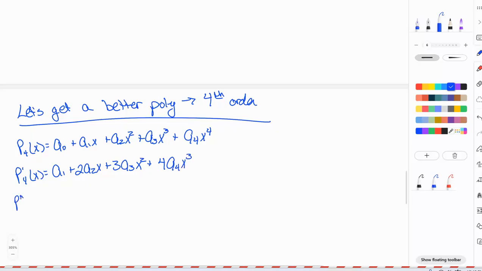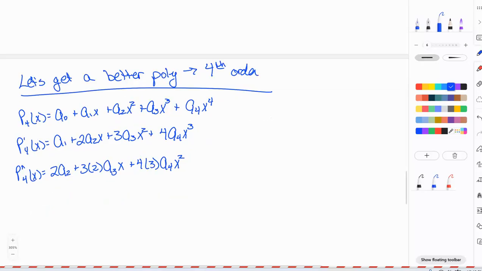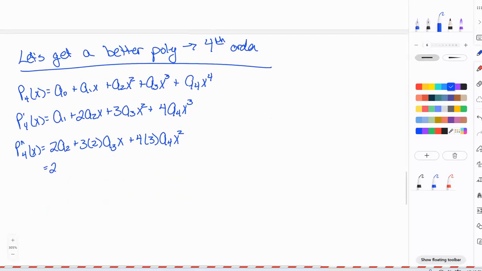The second derivative would be 2a sub 2 plus 3 times 2 times a sub 3x plus 4 times 3 times a sub 4x squared, which would really be 2a sub 2 plus 6a sub 3x plus 12a sub 4x squared.